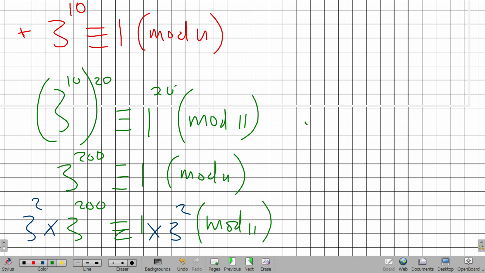So that simplifies everything there. And this left-hand side is definitely 3 to the power of 202, which is congruent to 9 under mod 11.